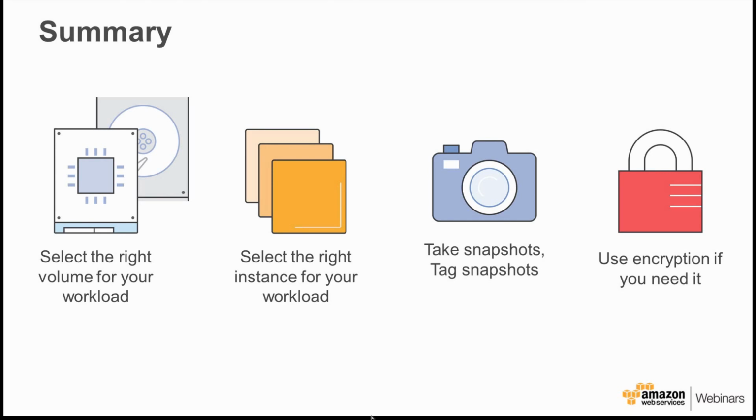Use EBS optimized instances and pay careful attention that the amount of performance that the EBS optimized comes with to disk is sufficient for your workload. We recommend, as part of your backup strategy, to take snapshots and manage them. And if you have a requirement for encryption, we recommend using encryption. Just click a checkbox and it's ready to go.